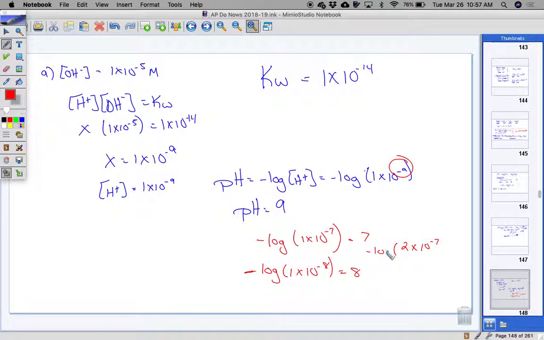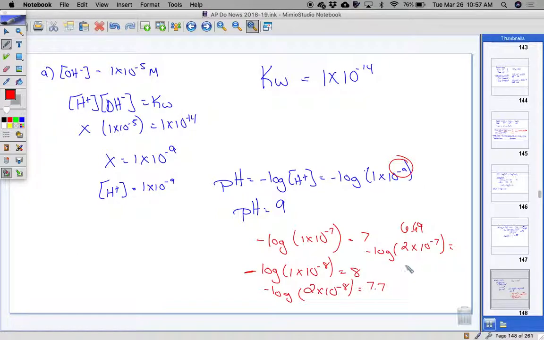The negative log is 6.69. Now do 2 times 10 to the negative 8. 7.7, right?